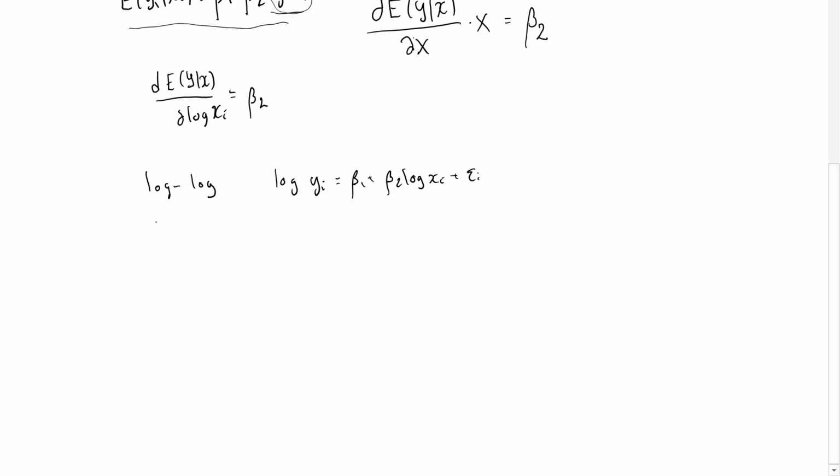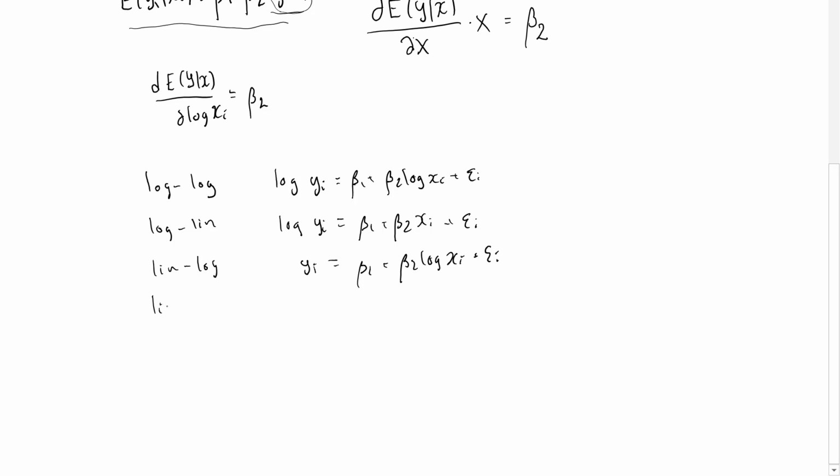We have the log linear model, which looks like this: log yi is beta 1 plus beta 2 xi plus epsilon i. We have the lin log model, which is yi is beta 1 plus beta 2 log xi plus epsilon i. And we can even add, just for fun, the lin model. That would be a model which is a linear regression model that's also linear in data.